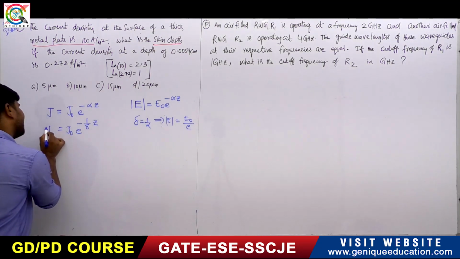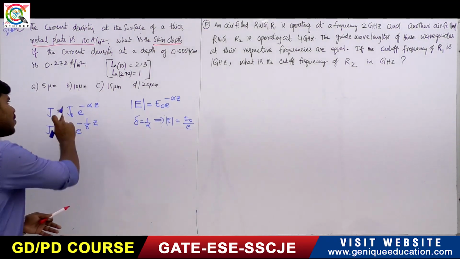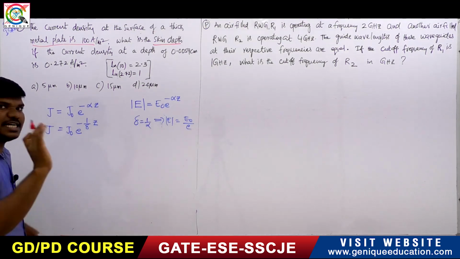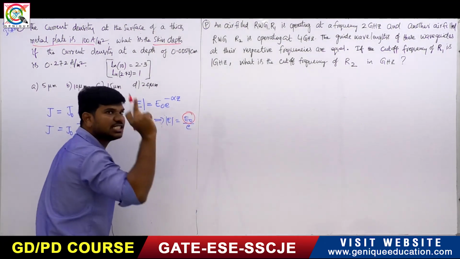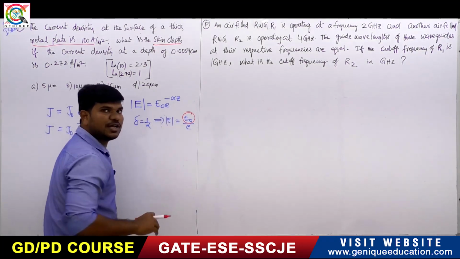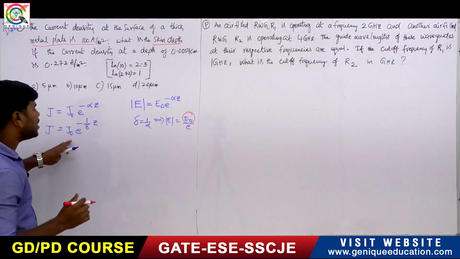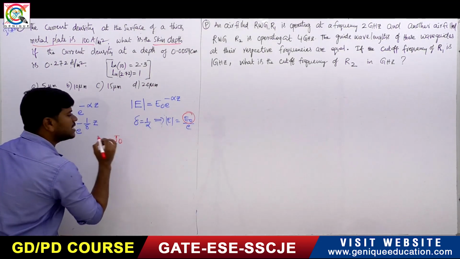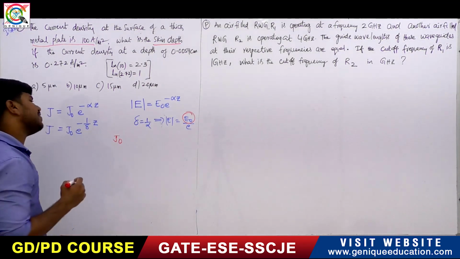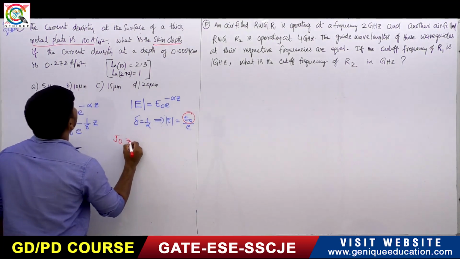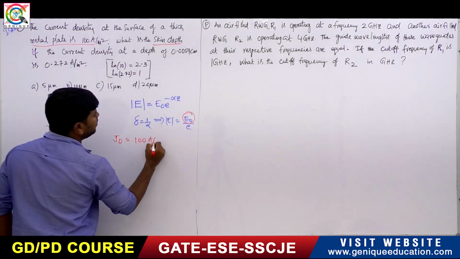What is meant by J0? It is the initial value of the current density, just as E0 is the initial value of the amplitude of the EM wave. The initial value of the current density is given as 100 ampere per meter square.